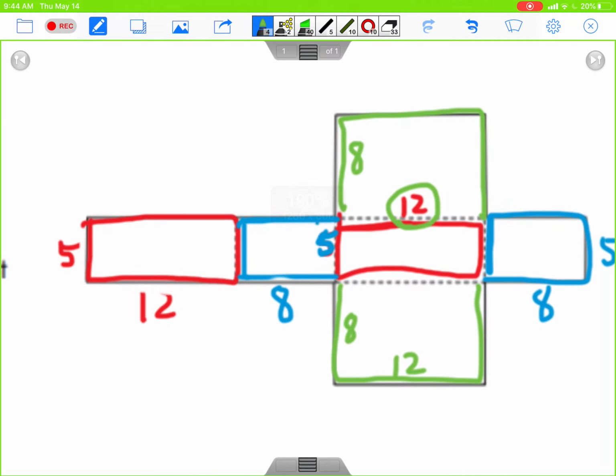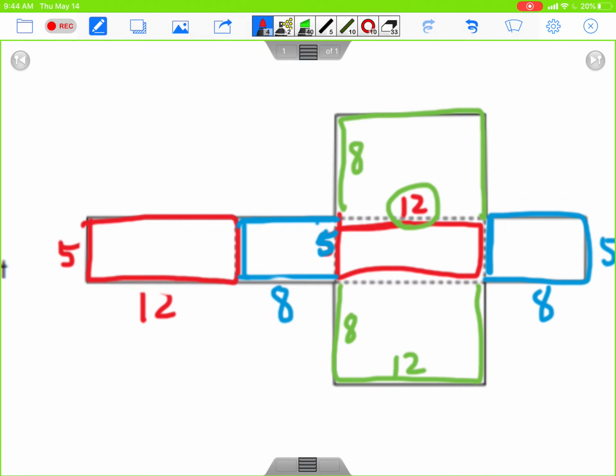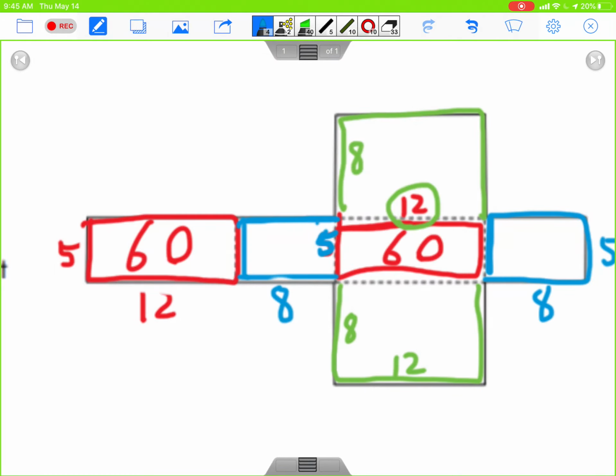So for my red rectangles, 5 times 12 is 60, and that means the other rectangle is going to be 60. Blue rectangles, 8 times 5 is 40, so both blue rectangles will have an area of 40.